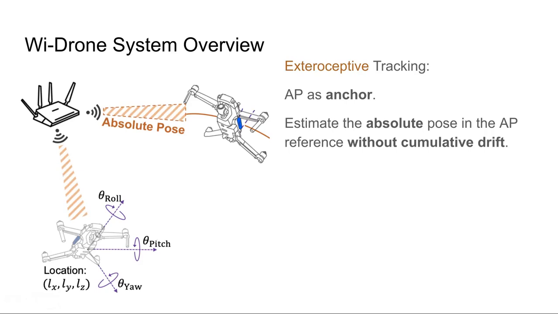To be concrete, they use an access point as anchor because, as mentioned, it is stationary, and we can use the signal from it to estimate the absolute pose in the access point reference without cumulative drift. I will expand on the details later; there are angle of arrival and time of flight, which I will explain later.